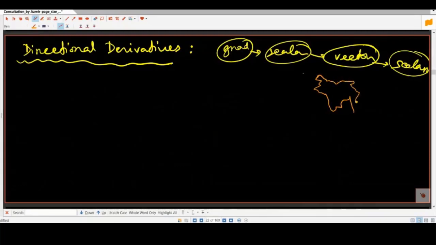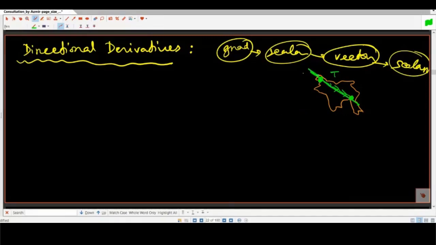Previously we have seen that, let's say this is the map of our country. If we want to know the change of temperature from the northern part to the southern part, the rate of change of temperature is changing with respect to the distance, so along this direction.